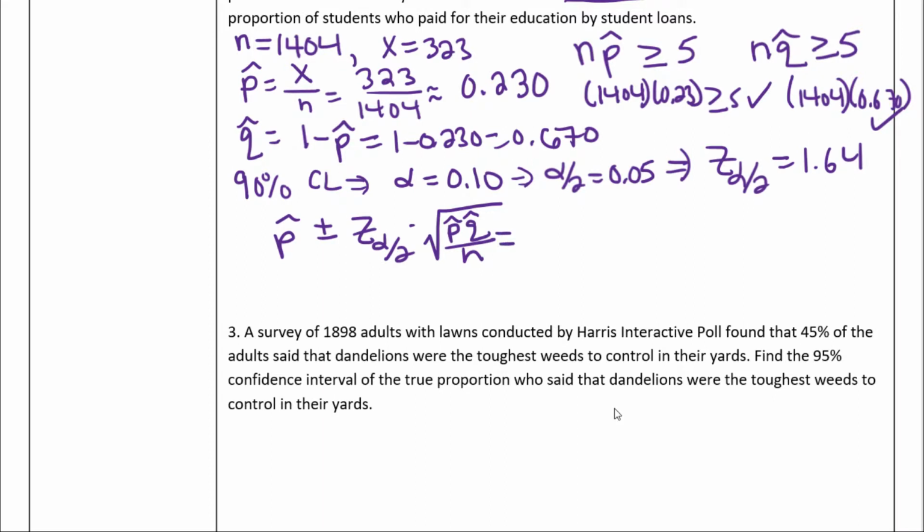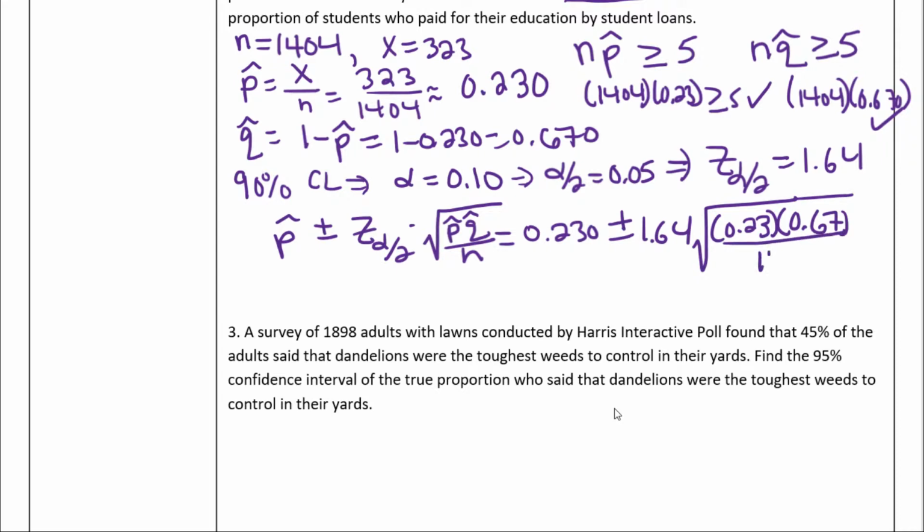All right, so we can go ahead and plug in the numbers. So we have 0.230 plus or minus 1.64 square root 0.23 times 0.67 divided by 1404.